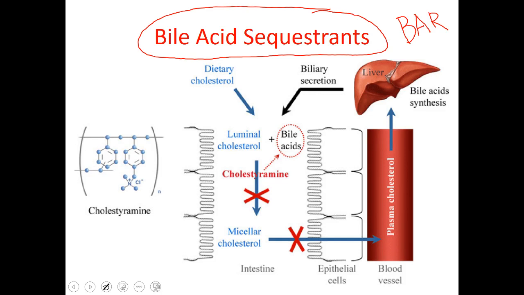The bile acid sequestrants are in fact the oldest and the safest lipid lowering drugs that we know. Only drawback is it is very less potent compared to the other drugs. Potency refers to the dose that is required for exhibiting certain activity.